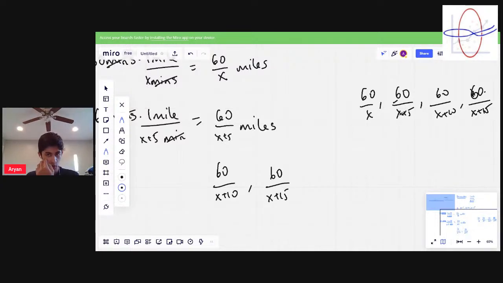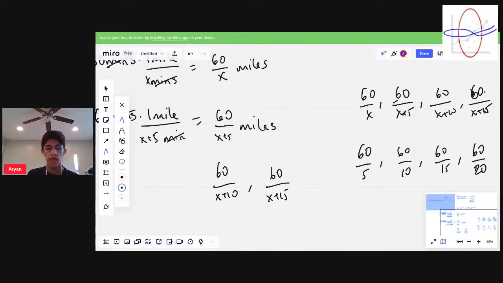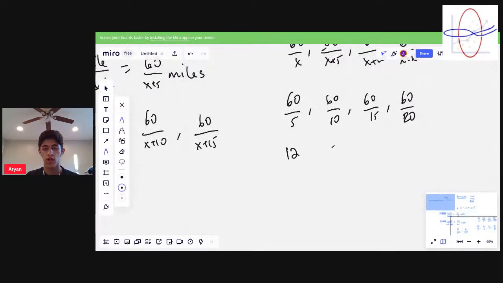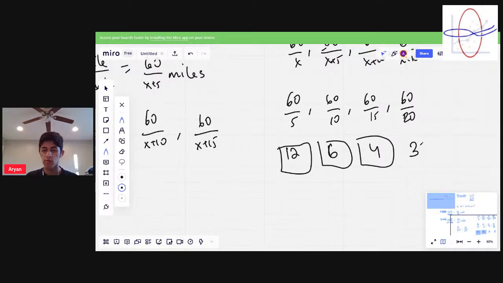You could play around with it, or you could notice that your denominators are always the same mod 5, so X should be a multiple of 5. If X is 5, for example, we get 60 over 5, 60 over 10, 60 over 15, and 60 over 20. If you work this out, you'll see that these are all integers: 12, 6, 4, and 3. So she traveled 12 miles on day 1, 6 miles on day 2, 4 miles on day 3, and 3 miles on day 4.